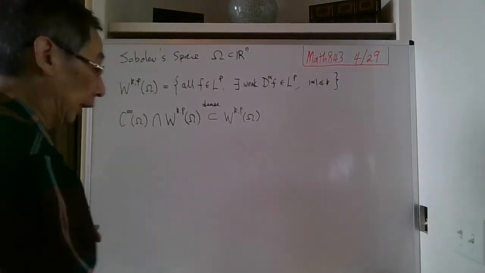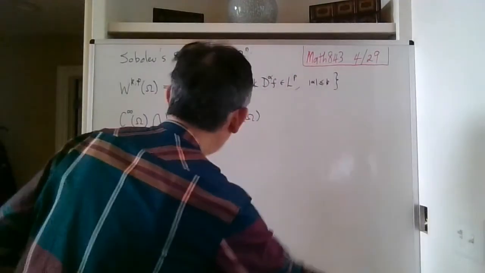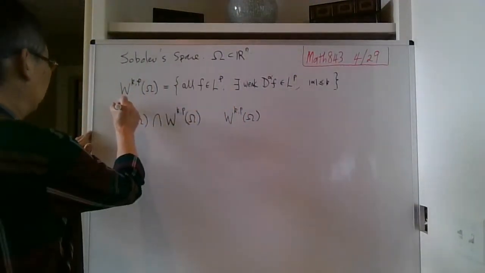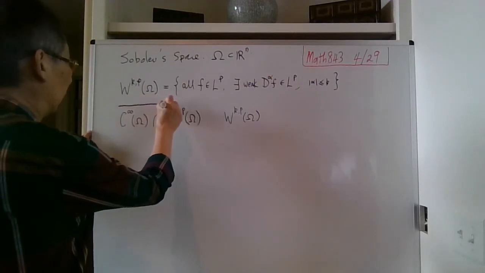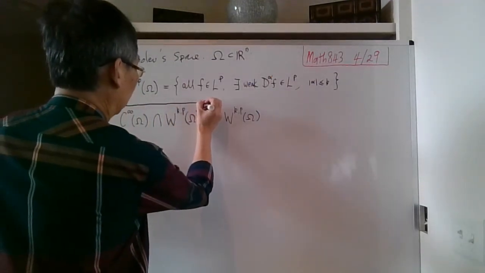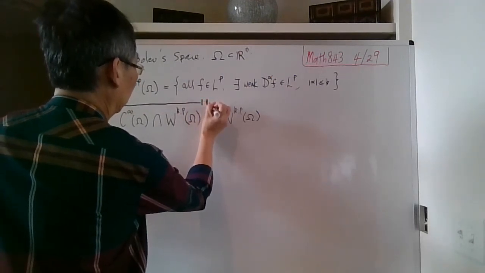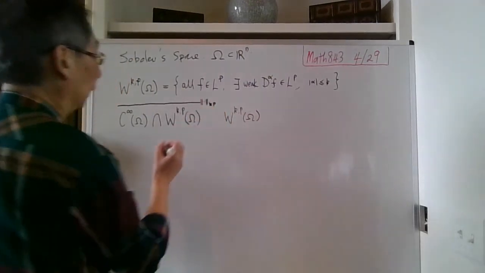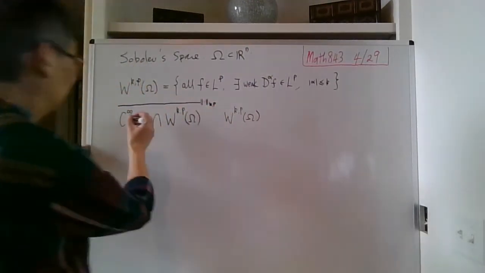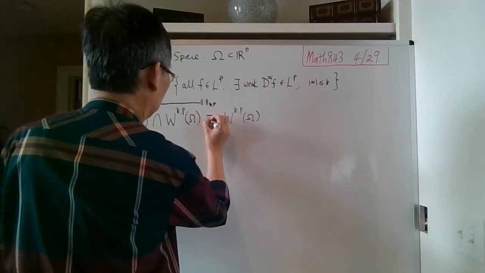So another way to look at this denseness is saying that if you take a bar of that, that means you take the closure, and the closure is done through this norm, the W^{k,p} norm. If you take the closure of that subspace, then this will become just W^{k,p}.